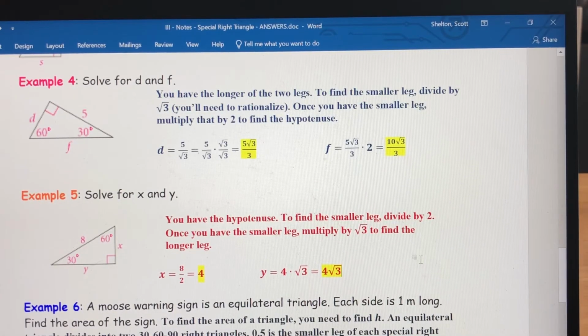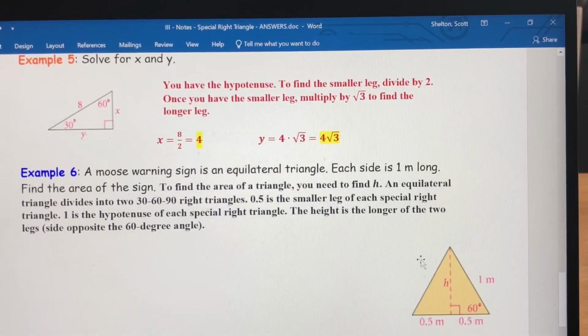Okay, now let's do a word problem here. We've got a moose warning sign, which is an equilateral triangle. That means all of these angles are 60 degrees. Each side is 1 meter long, and we want to find the area of that sign. To find the area, remember, we need to find the height.